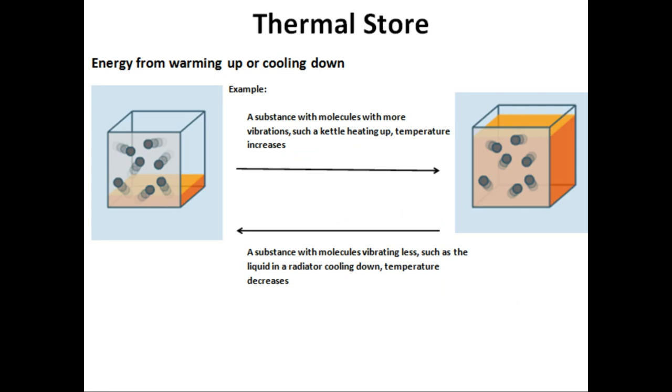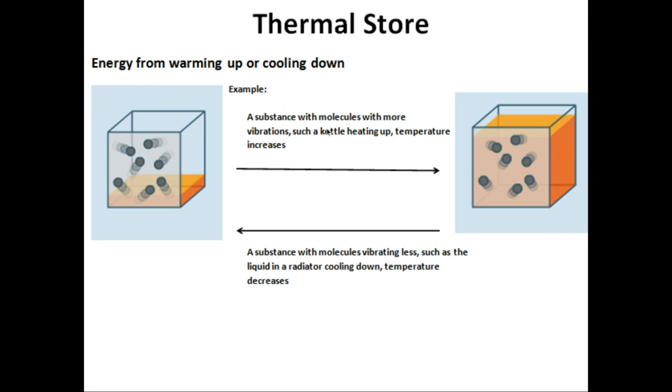Okay, so let's have a quick look at some examples. So thermal store, you can see here there's two boxes. This one here is when the store is empty. This one over here is where the store is full, and you can move from empty to full or from full to empty.